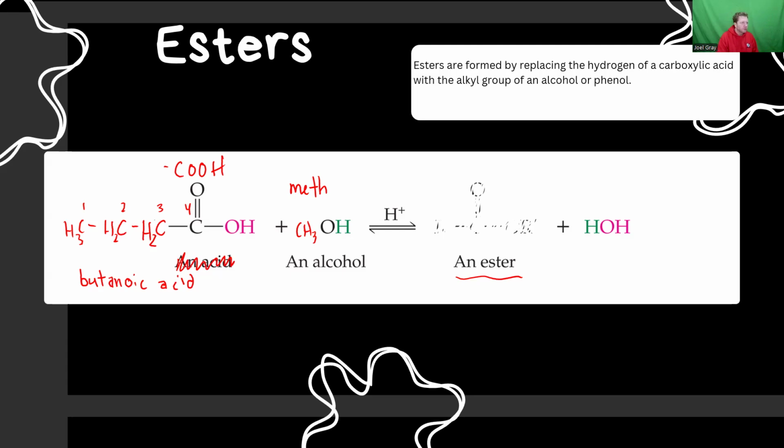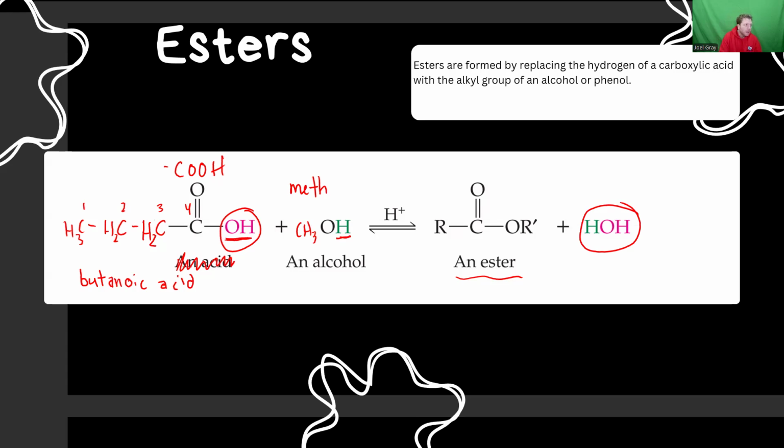Okay, so we got methanol reacting with butanoic acid. What would that look like? Well, what's going to happen is we're going to make an ester. And the model that's shown here basically says that this OH group reacts with this hydrogen and makes water. So that's our color pattern there. That magenta OH reacts with the green H to make HOH or H2O.